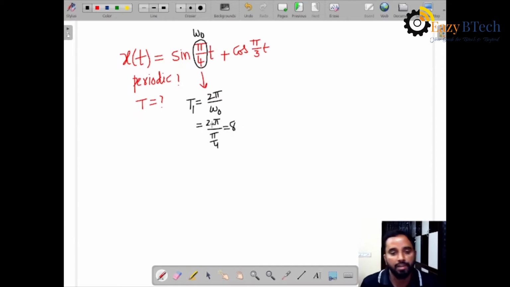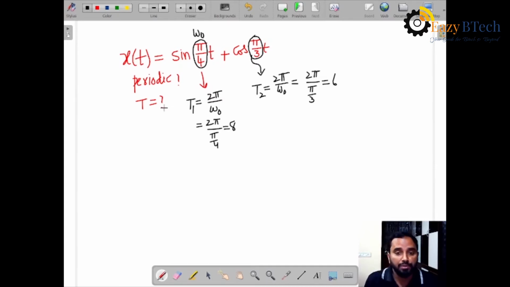Similarly, for cos pi by 3t, the time period is 2 pi by omega naught, where omega naught is pi by 3. So this becomes 2 pi by pi by 3, which is equal to 6.